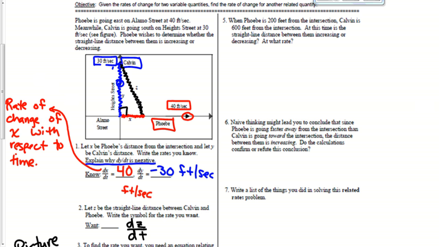So I'm going to get myself a new screen. In number 5, what I know is that I have x is 200 and I have y is 600. So x is Phoebe's distance from the intersection, y is Calvin's distance from the intersection. And at this time is the straight line distance between them increasing or decreasing, and at what rate? I'm going to write down the other rates that I had.